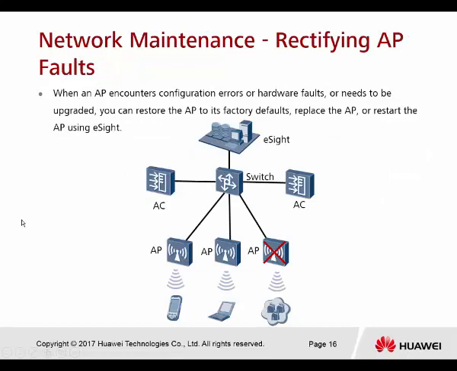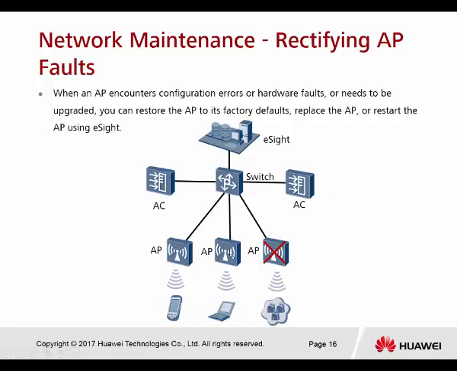So when the AP encounters a configuration error or a hardware fault, or needs to be upgraded, you can restore the AP to its factory default, replace the AP, or restart the AP using the eSight. So instead of telnetting to the controller, or using web access to my access controller, the AC, and then pressing restart or reboot for my AP from the controller, I can just use my eSight, because my eSight already manages all the controllers and also the APs.